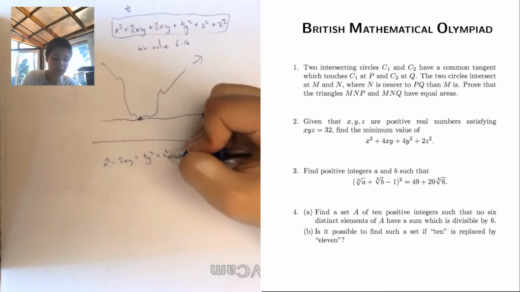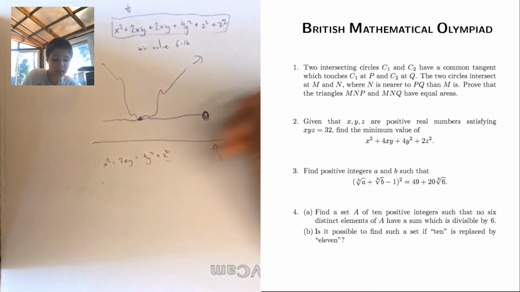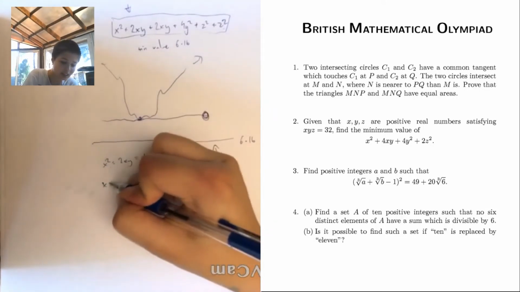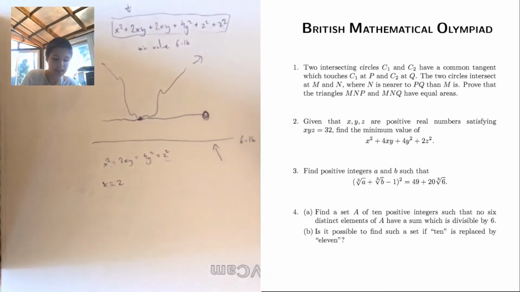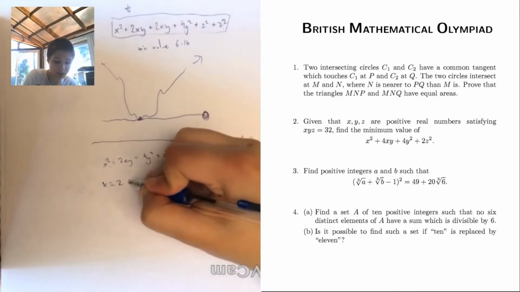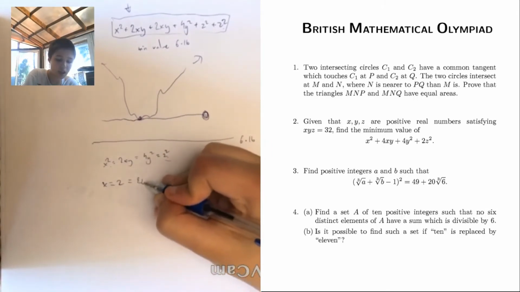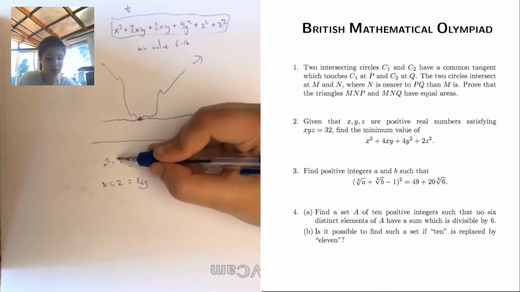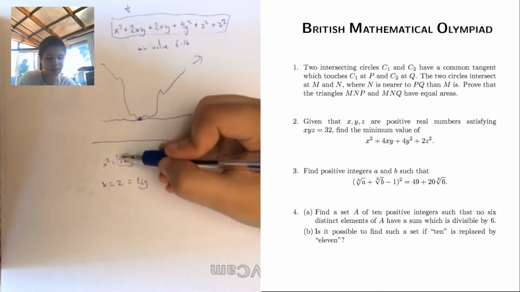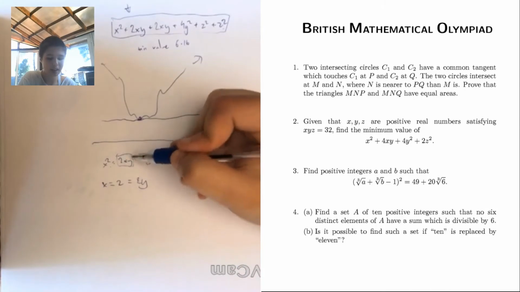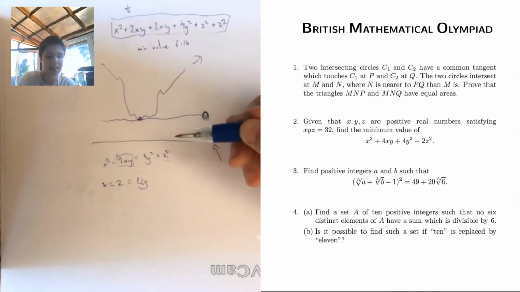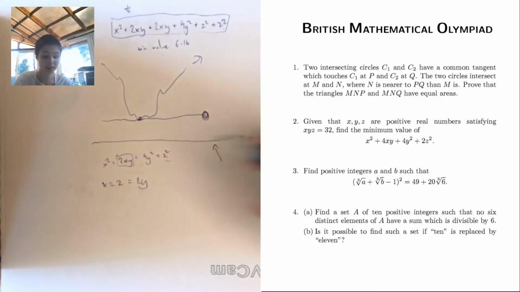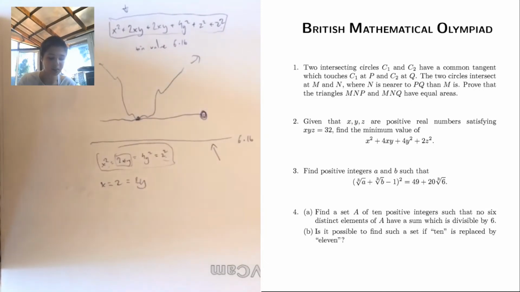And that's when x squared equals z squared, they're both positive, so x equals z, and x squared equals 4y squared, so x equals z is equal to 2y. And this makes sense for the fourth equation, because 2 times x times 2y is indeed equal to x times x, which is x squared.